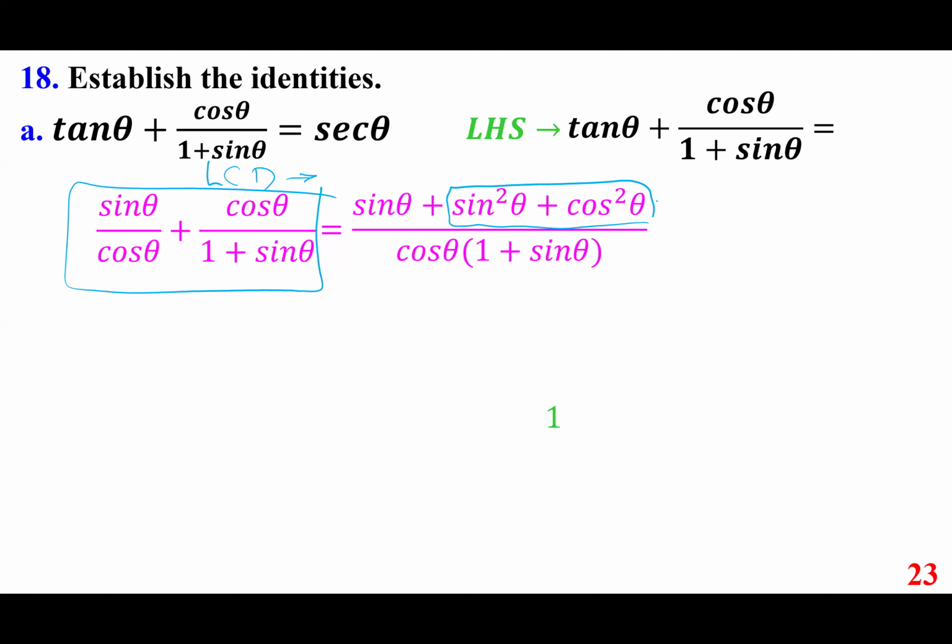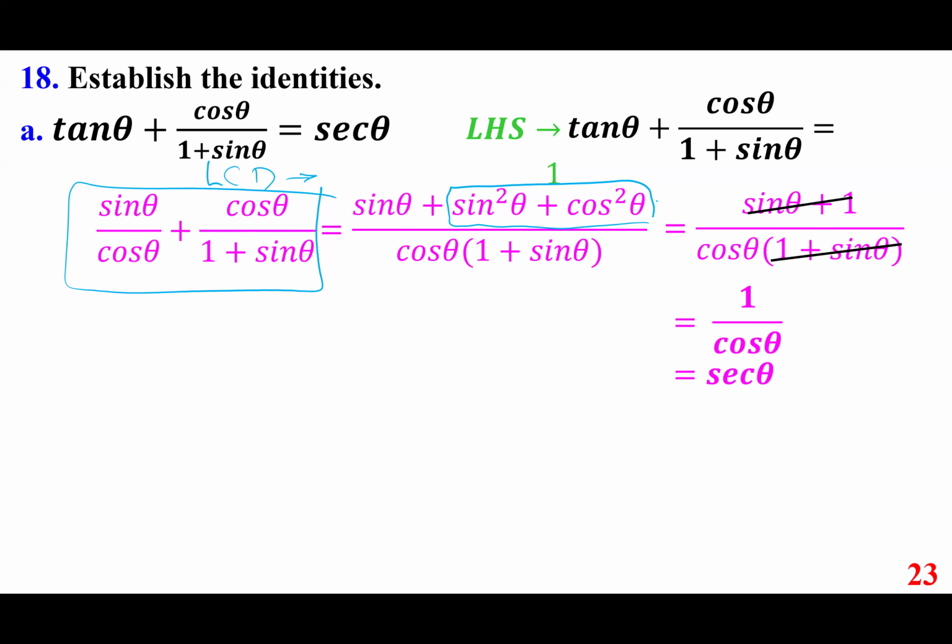These two become 1. So we have in the numerator sine theta plus 1, which is the same as 1 plus sine theta. They cancel each other. So the numerator is only 1. So 1 over cosine theta, which is secant theta.